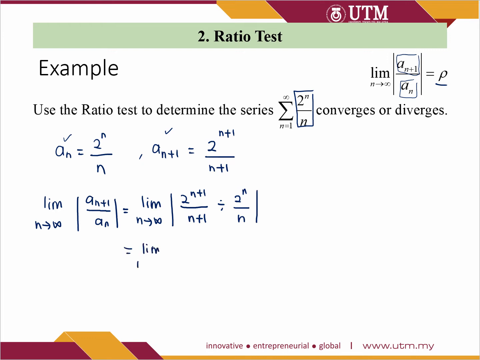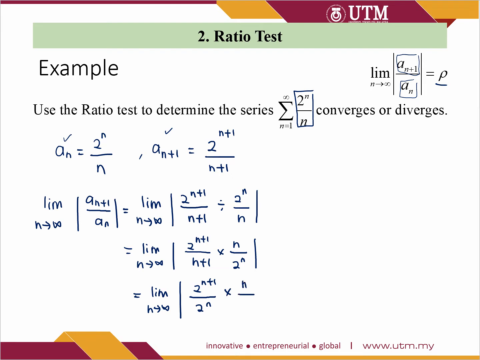So rearrange this, since it involves division, so it would be 2 to the power of n plus 1 over n plus 1 times n over 2 to the power of n. Rewriting this, 2 to the power of n plus 1 over 2 to the power of n times n over n plus 1.